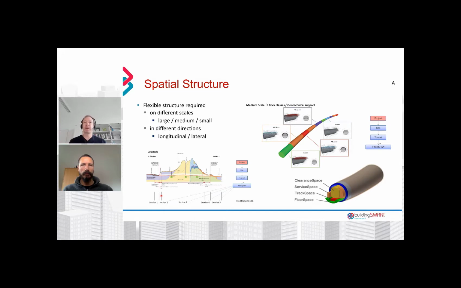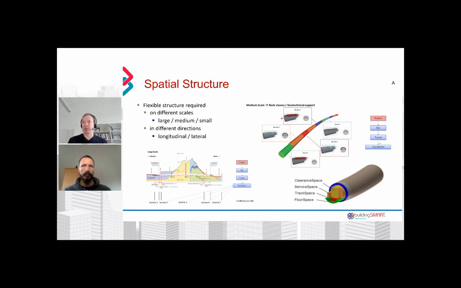Then we have a medium scale. This medium scale typically relates to the different rock classes that we have from the geotechnical model. And these different rock classes or soil classes, they require different types of geotechnical support, and thus have a direct impact on the costs of these tunnel projects.